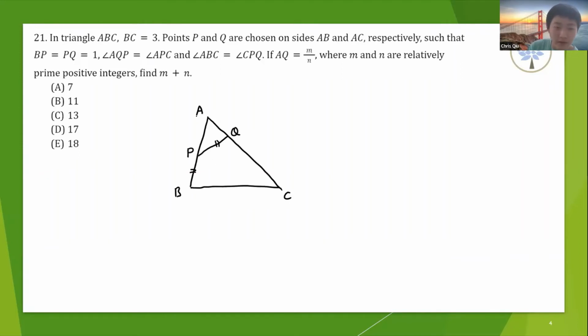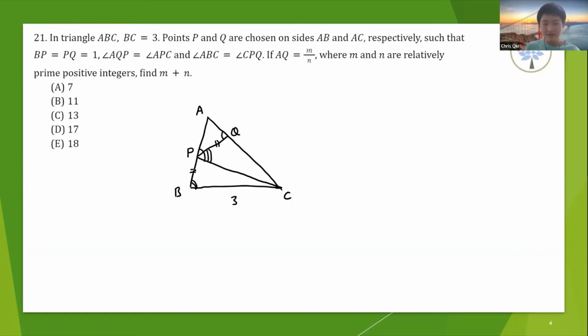And also, we're told that angle AQP is equal to angle APC, so let's draw that out. And also, angle ABC is equal to angle CPQ. So we're also given that BC is equal to 3.